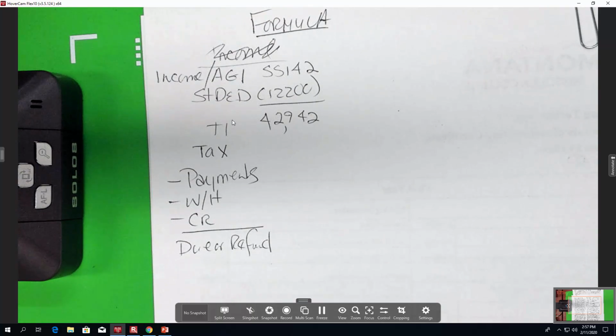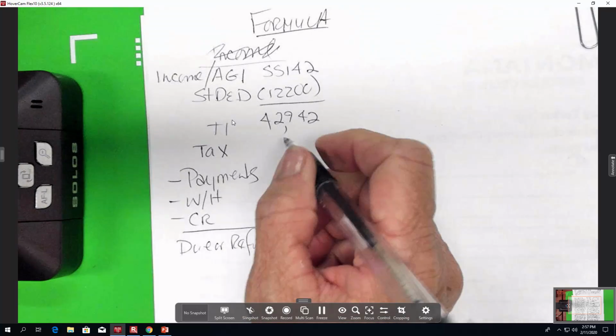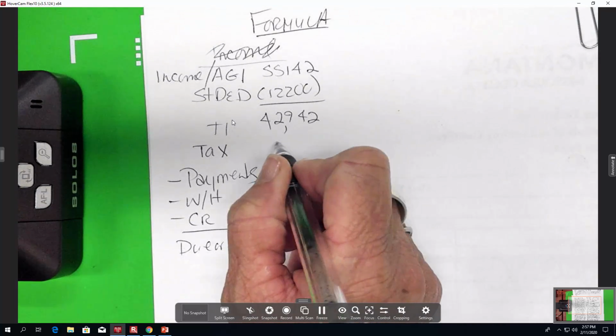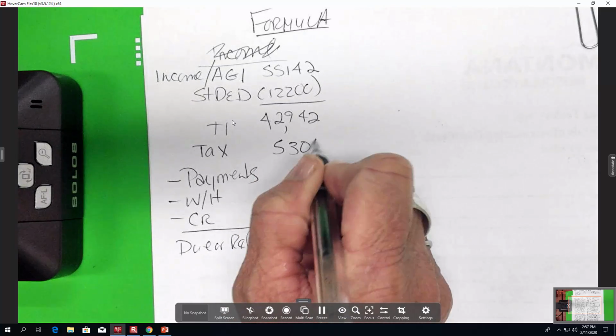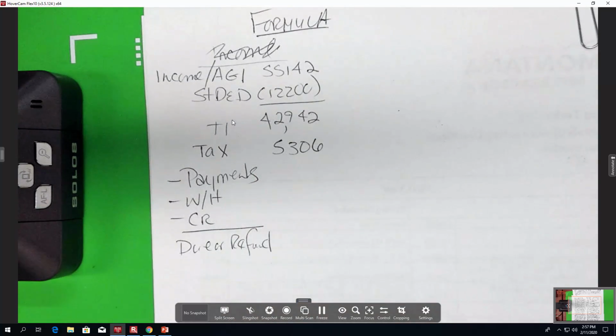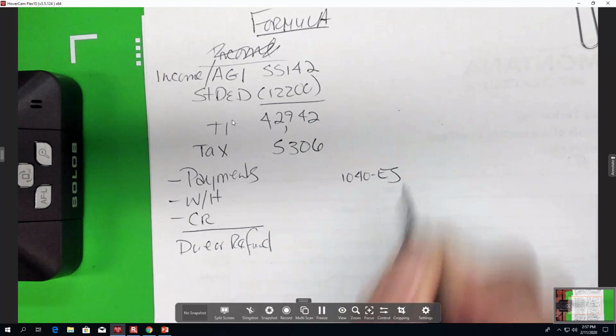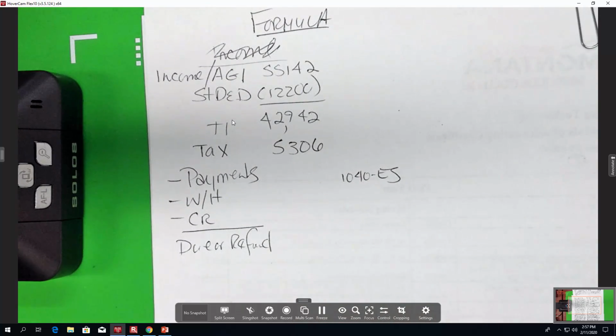So are you telling me I need to calculate this? Was it $5,306? That sounds right. Do I have a second on the number? $5,306? Yep. Did she make estimated payments, those 1040 ESs? No. Did she have withholding? Yes, $6,910.